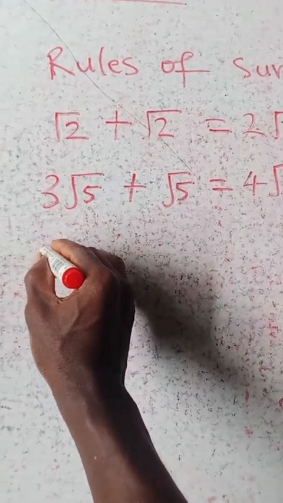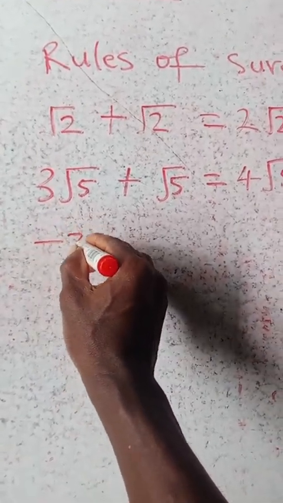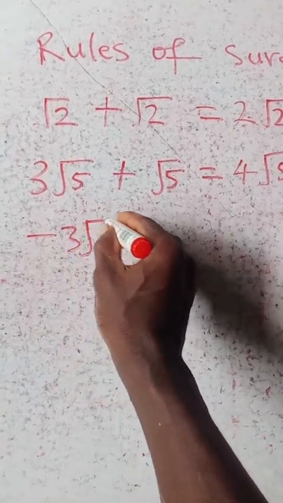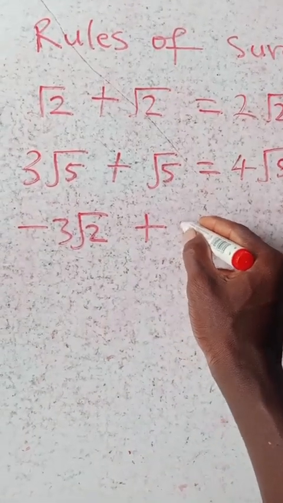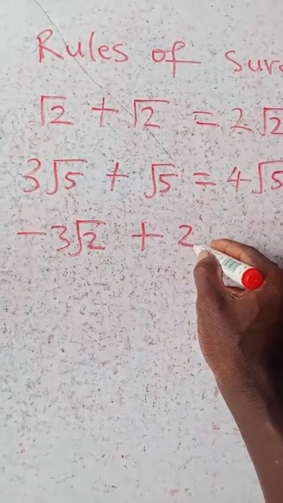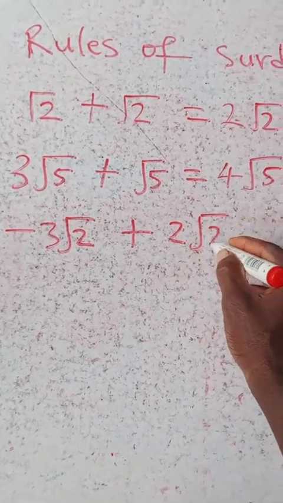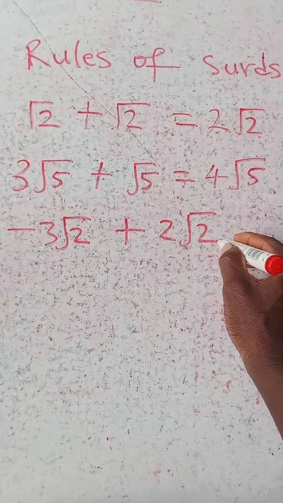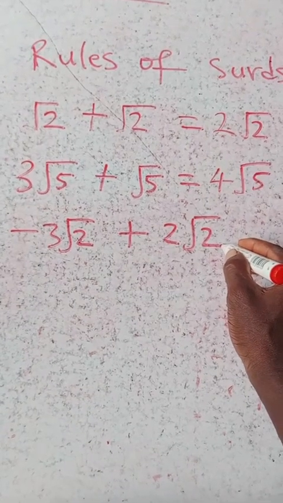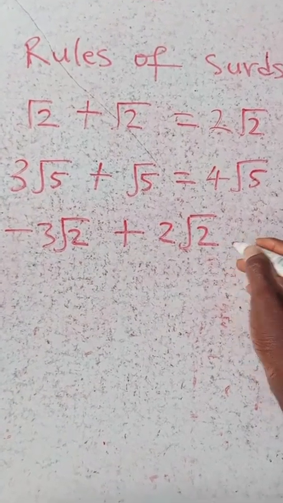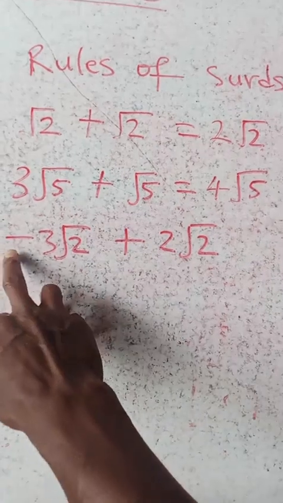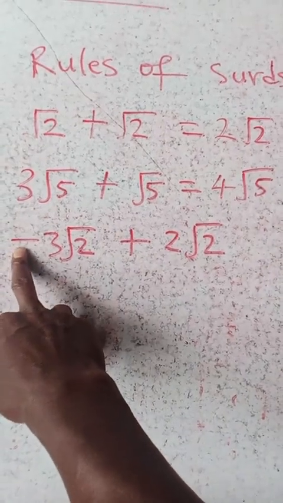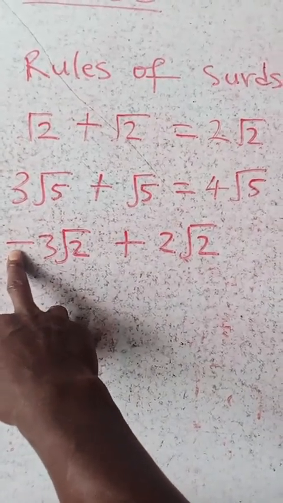If I have minus 3 root 2 plus 2 root 2, what should be the answer? I always say that you take minus as something you are owing.